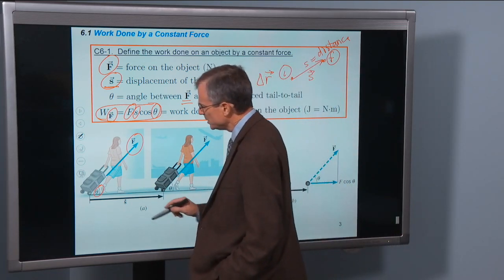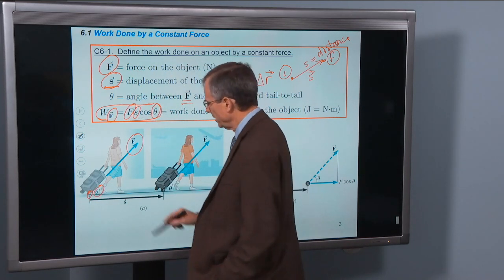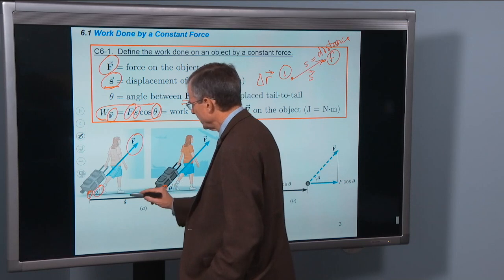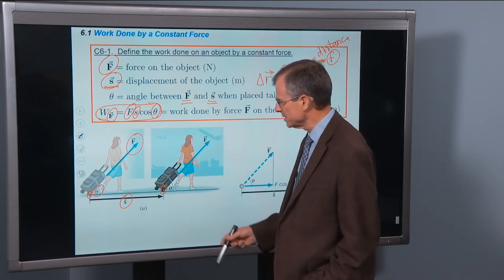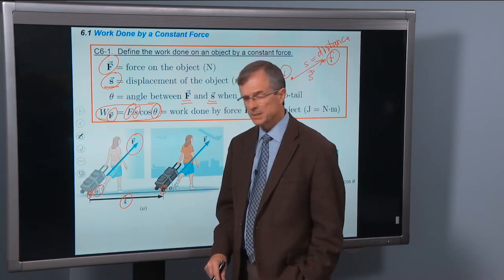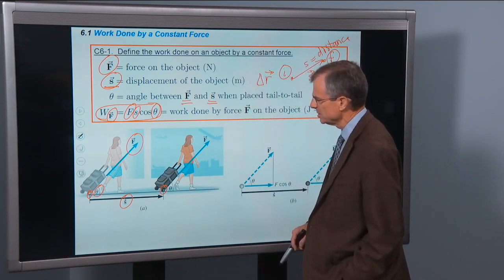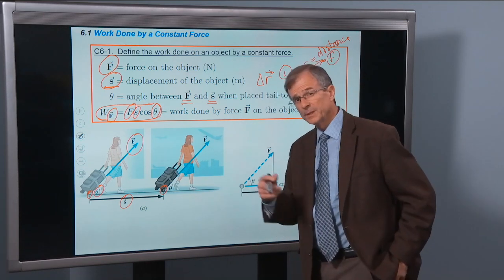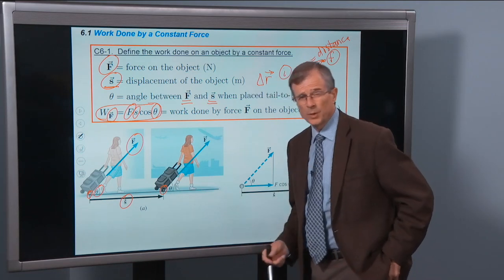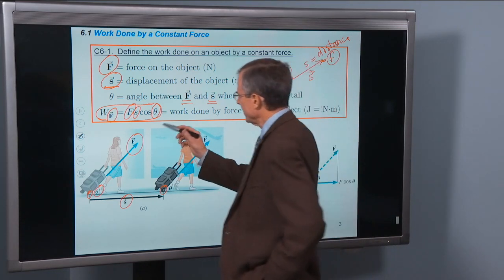And if this right tire makes a displacement along the floor, goes a certain distance, the magnitude of that displacement is the distance, then the work done by this force on this luggage is Fs cosine theta.